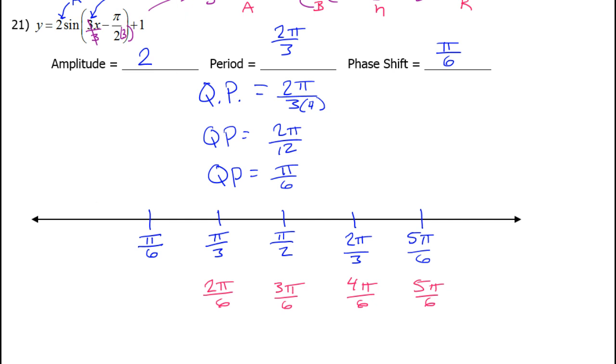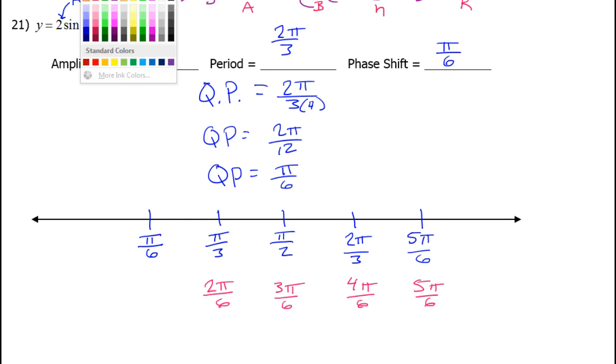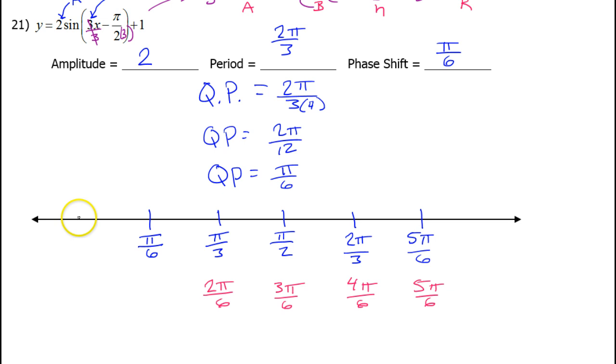Now it's important to see where the y-axis would go. So I'm going to make another jump or two. Here I was adding pi over 6. What about if I subtracted a quarter period? What if I did minus pi over 6? That will tell me what I would get next.